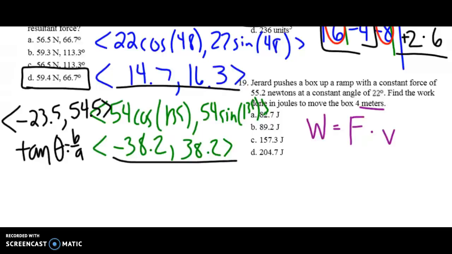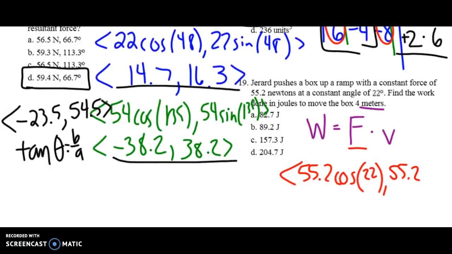To find the force with which he pushes, it's going to be 55.2 newtons times the cosine of 22 degrees, then 55.2 sine of 22 degrees.